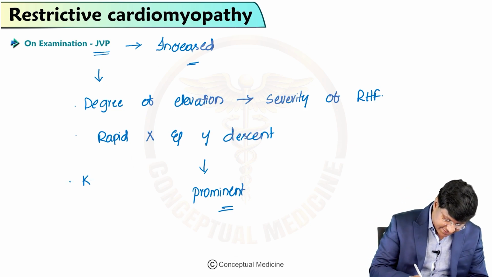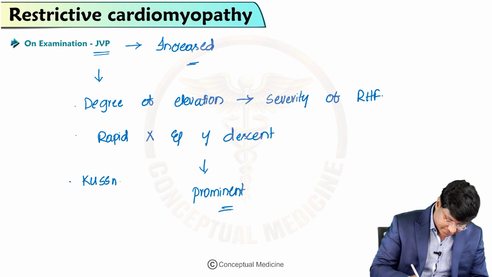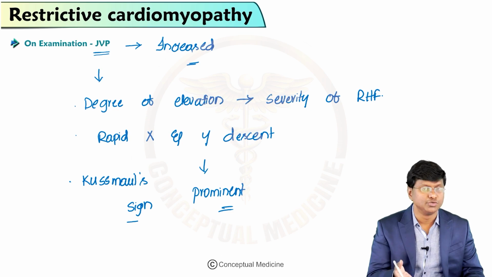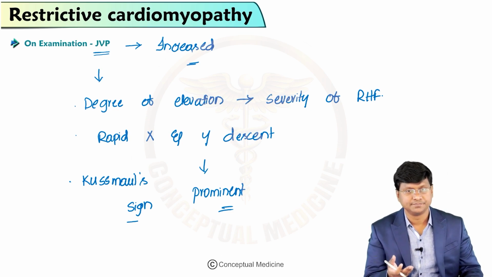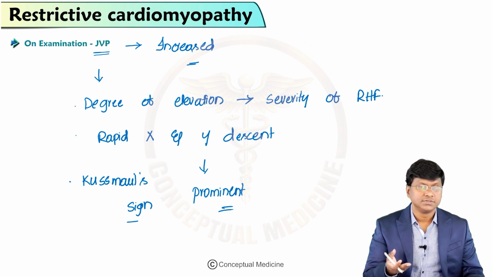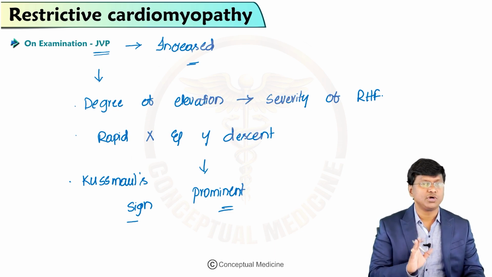Then, these patients also have the Kussmaul sign. So what is this Kussmaul sign? Increase in the jugular venous volume on inspiration is called Kussmaul sign.